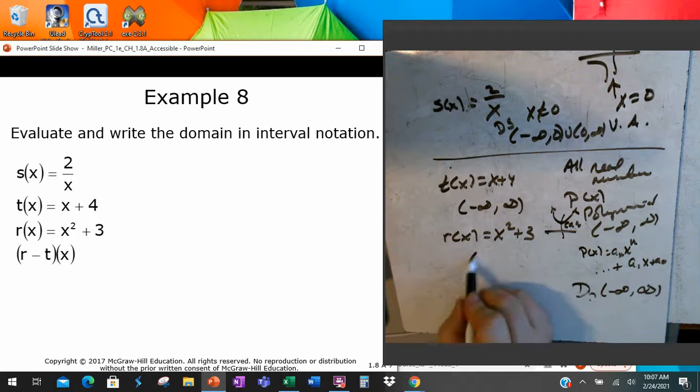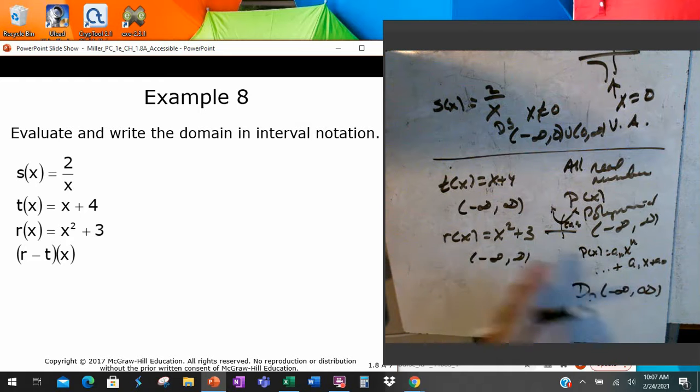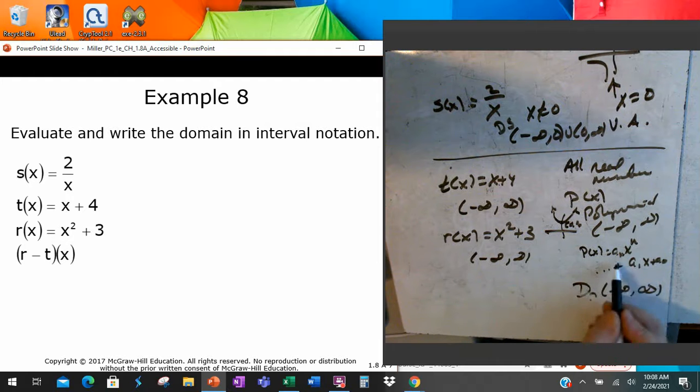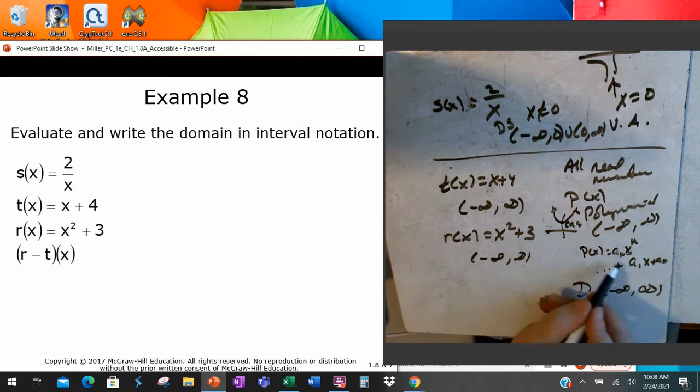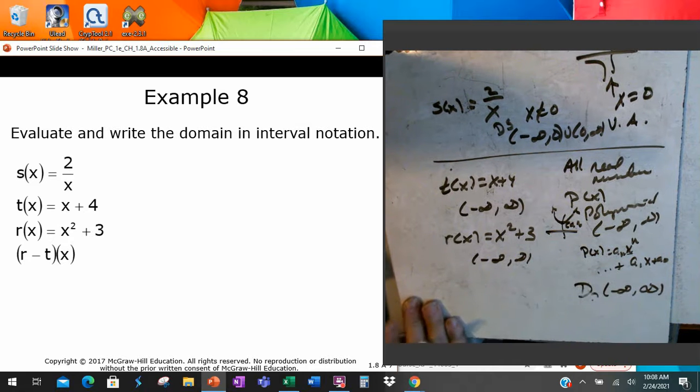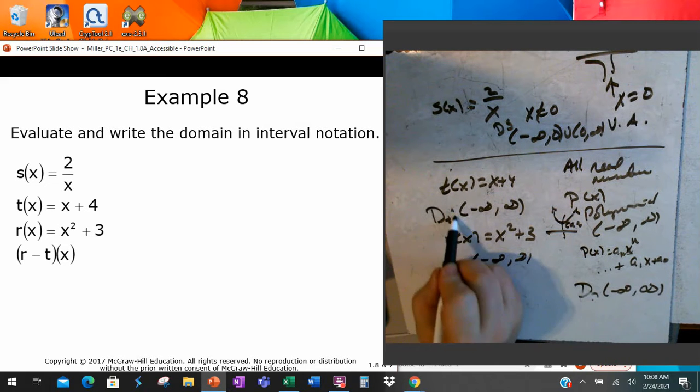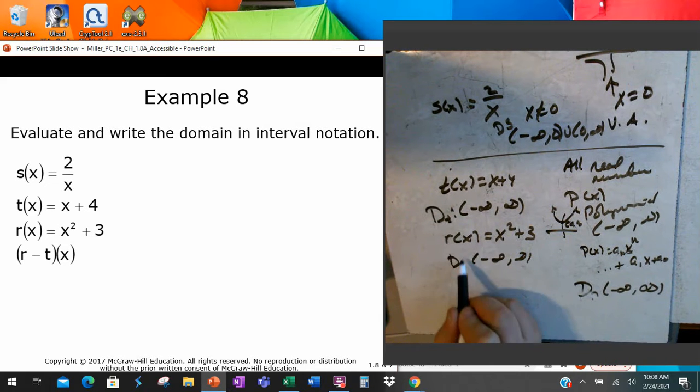Okay, so all real numbers, polynomials. This is a second degree polynomial. 1 x squared plus my a_0 is my 3. So this is down to x squared plus my a_1 x. My a_1 is 0 to get rid of the x, and then I just got my 3. Domain of t, domain of r.